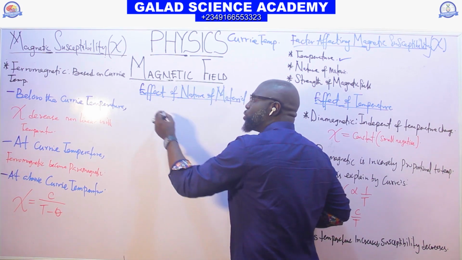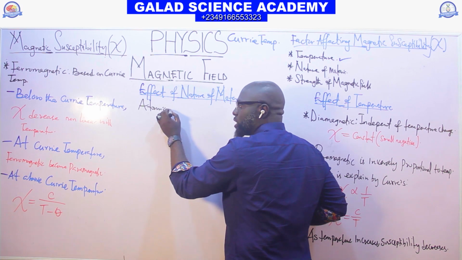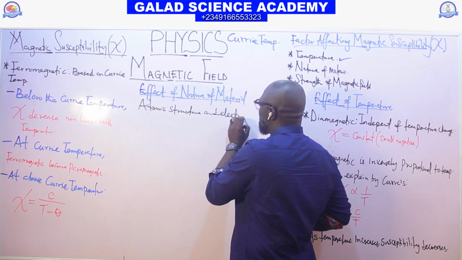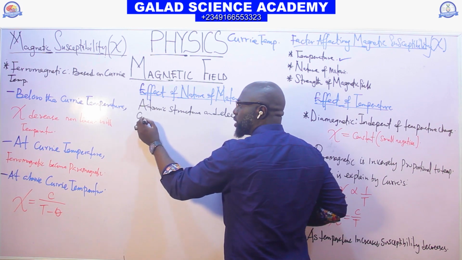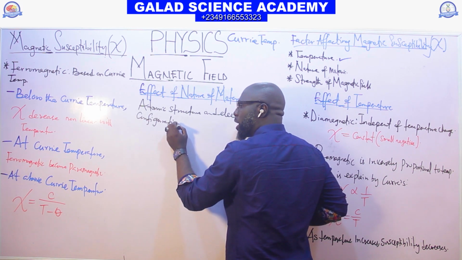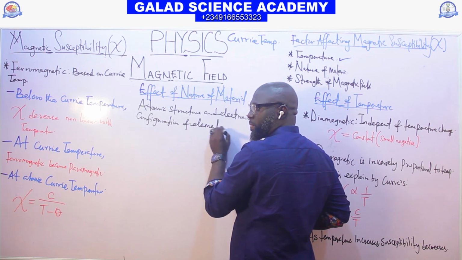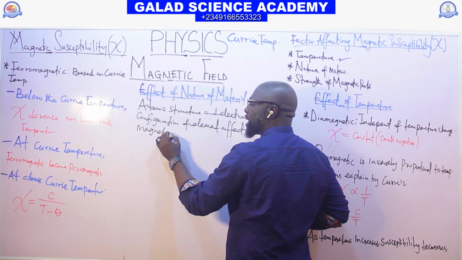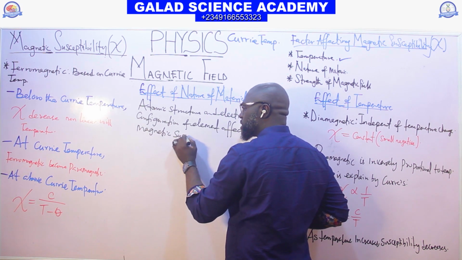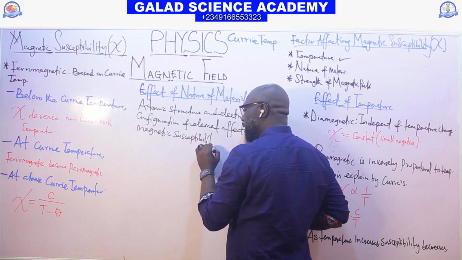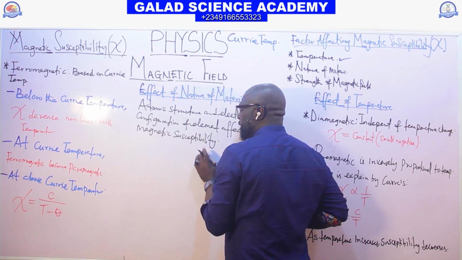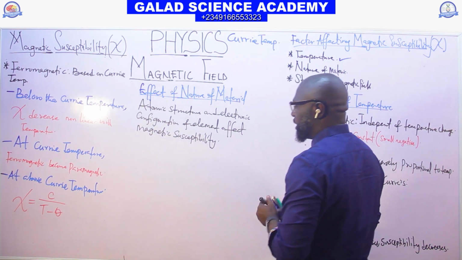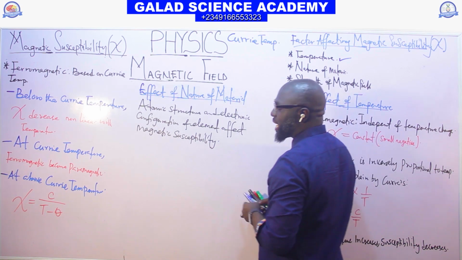The nature of material simply means the atomic structure and electronic configuration of elements, which affects magnetic susceptibility. Based on this susceptibility, magnetic material can be grouped into three.